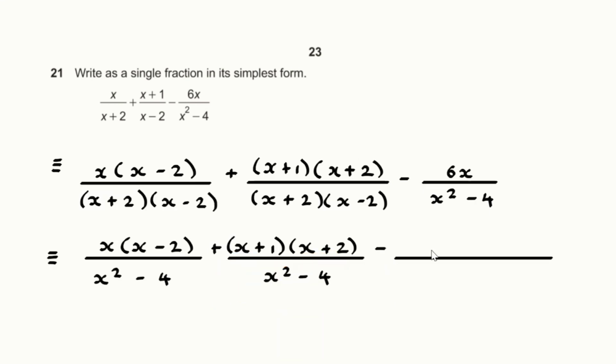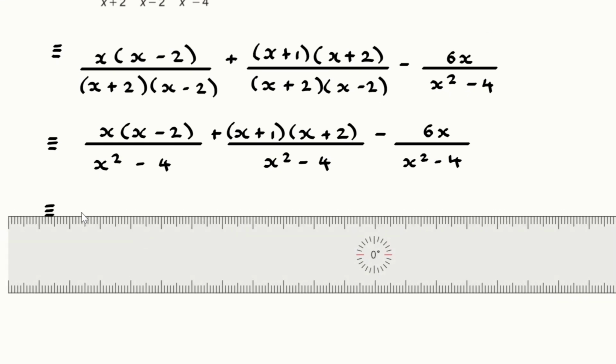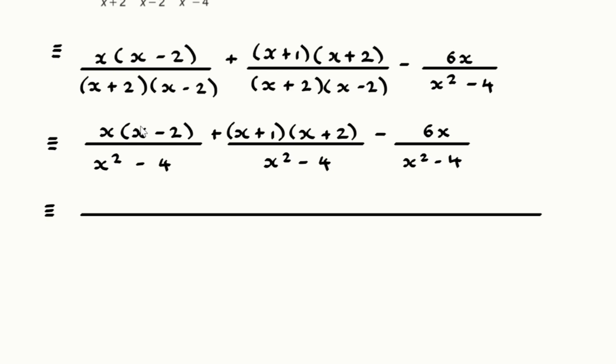And then I subtract 6x over x squared minus 4. So now I can combine all these, so I've got x lots of x minus 2 plus x plus 1 lots of x plus 2 minus 6x, and on the bottom I've got x squared minus 4.